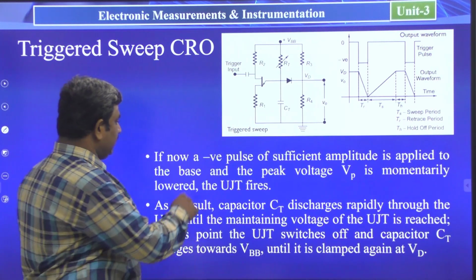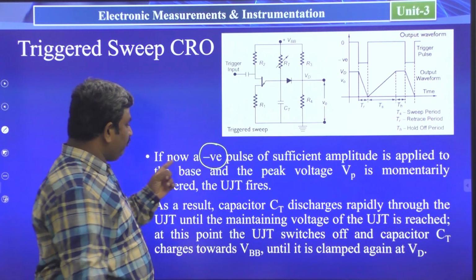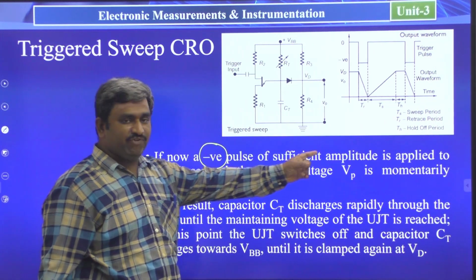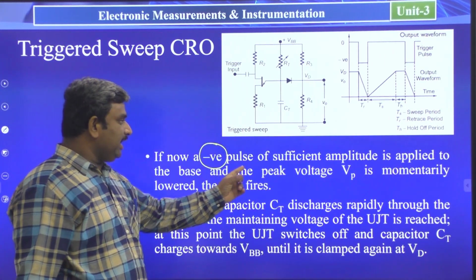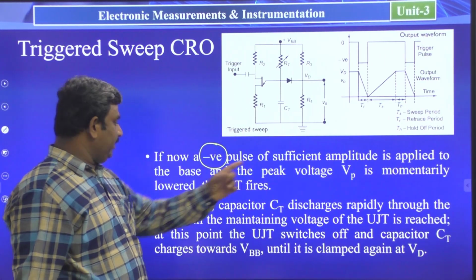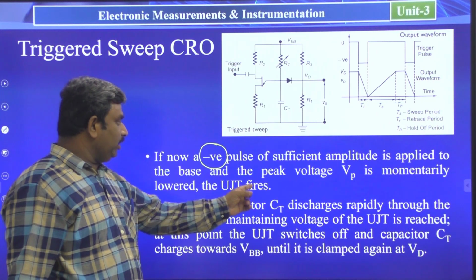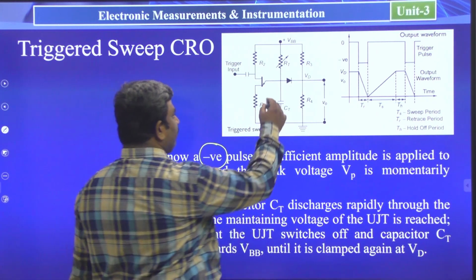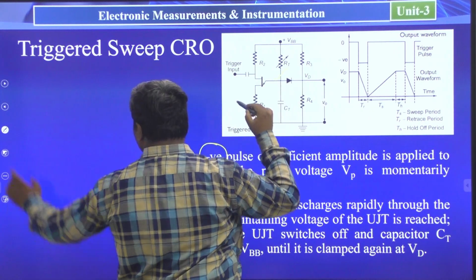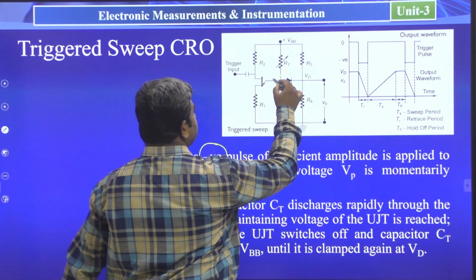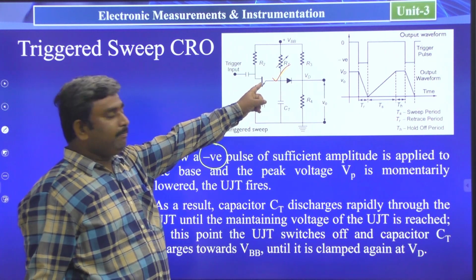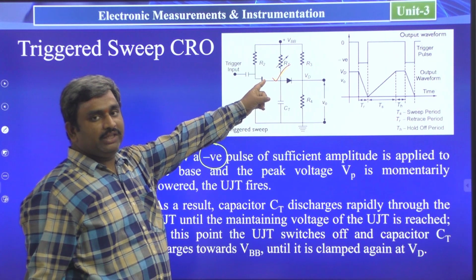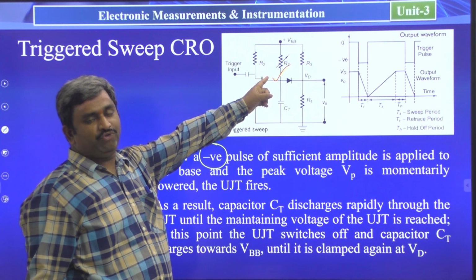So see here. If now a negative pulse of sufficient amplitude is applied to the base and the peak voltage VP is momentarily lowered, the UJT fires. So whenever a sufficient amount of voltage is given at the base of this transistor, only then is it going to be fired.